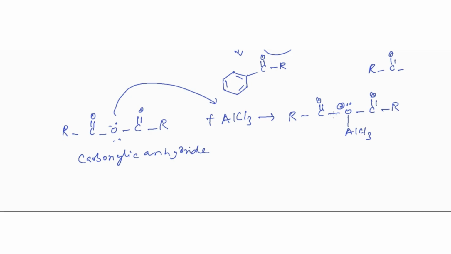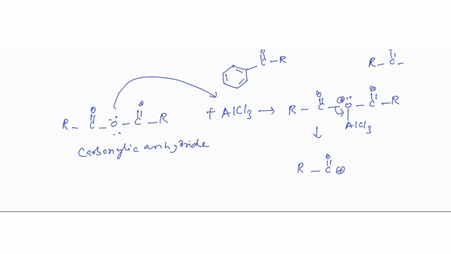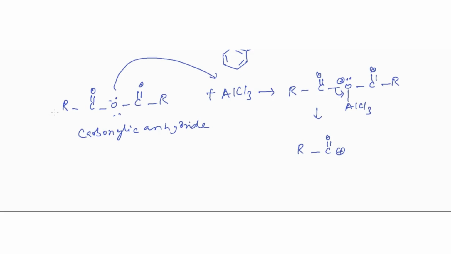Then finally this will break down and the acylium ion could be generated like this. So carboxylic anhydride is another reagent that can be used to generate acylium ions. This acylium ion reacts in the similar manner as we discussed with the acid chloride to get the acylated benzene. Okay, so this is called Friedel-Crafts acylation. So this is another method.